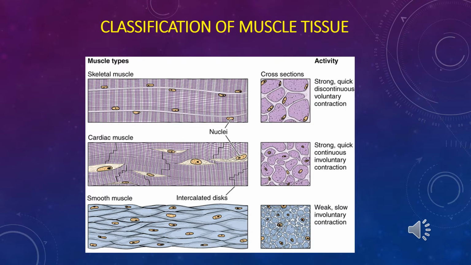On this scheme, the differences between types of muscle tissue are very nicely visible. Striated and non-striated muscle. What does it mean, striated? We have striations in muscles, very nicely visible on this slide, a histological specimen.